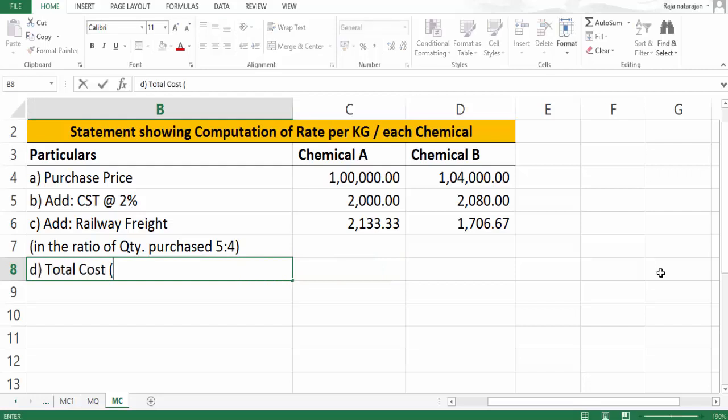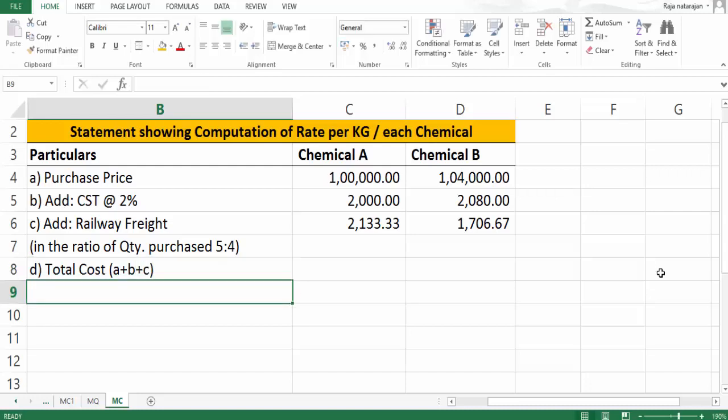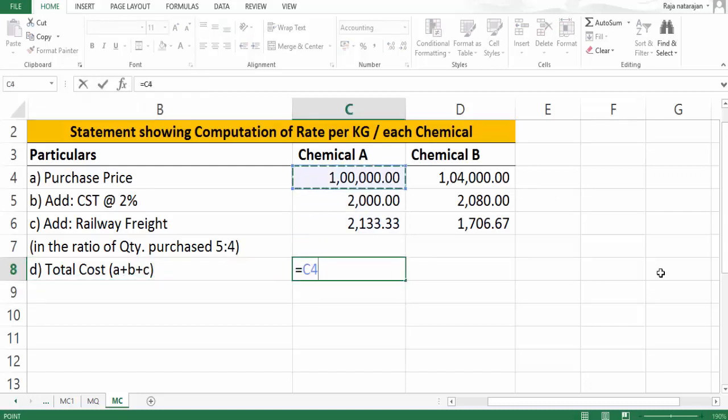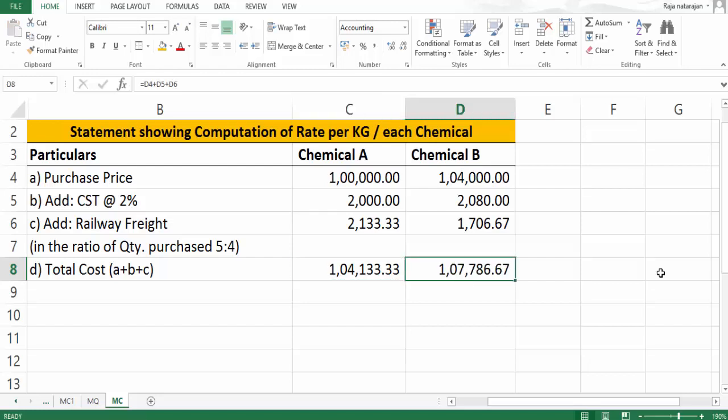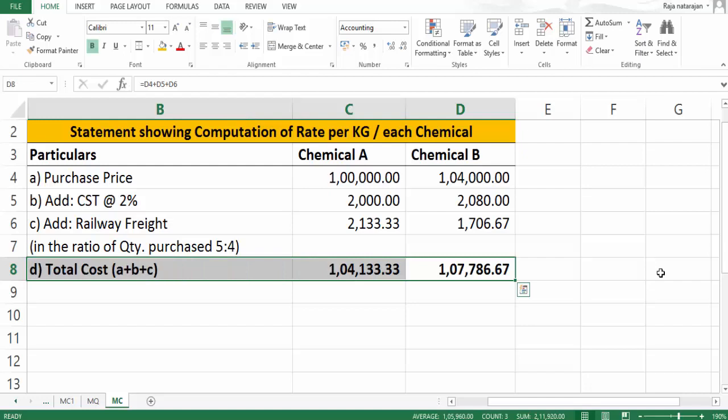Total cost is A plus B plus C. By adding all three, we get 1,04,133 for A and 1,07,786.67 for B.